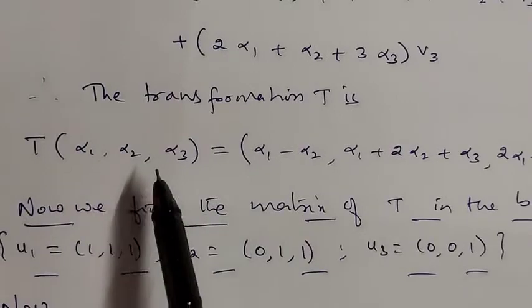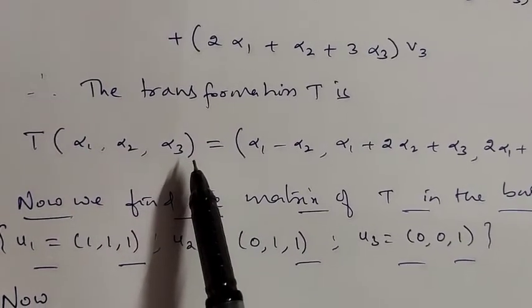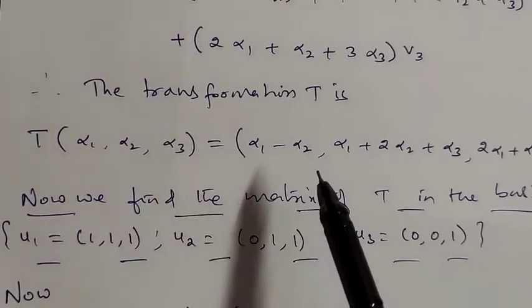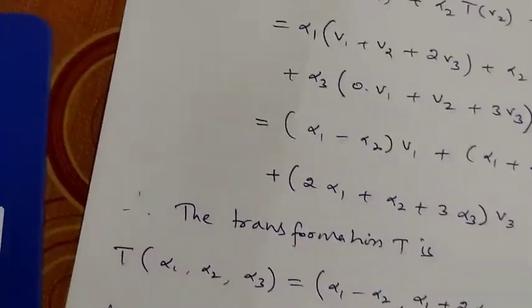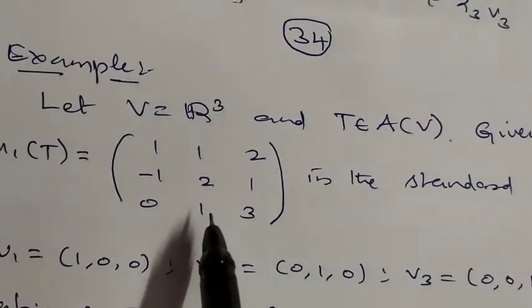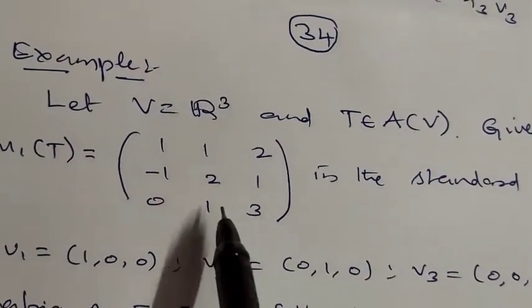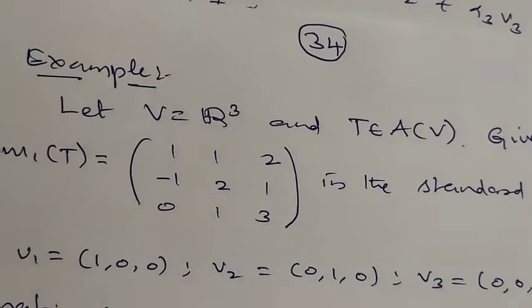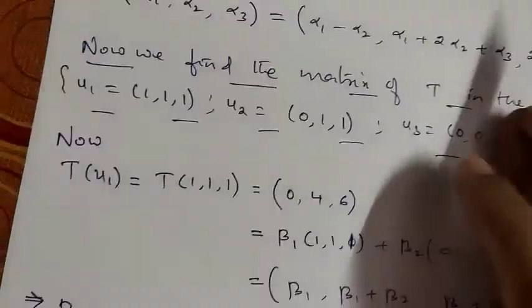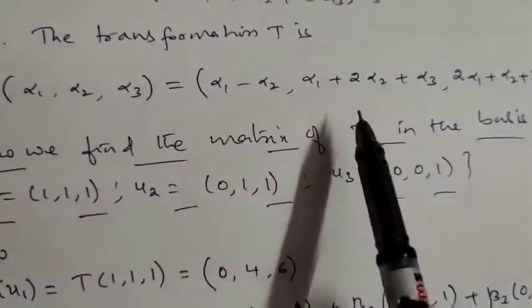So this transformation is related to the matrix which they were given, 1 1 2, minus 1 2 1, 0 1 3, the matrix corresponding to the transformation obtained now. Okay, so this is the transformation.